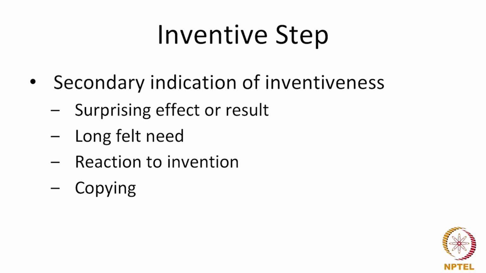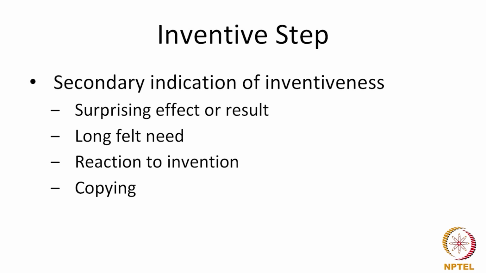Now, this is considered a secondary factor in determining inventiveness, because a surprising result could be something which does not happen in the normal course. So, something which happens out of the normal course could amount to a secondary factor in determining inventive step.